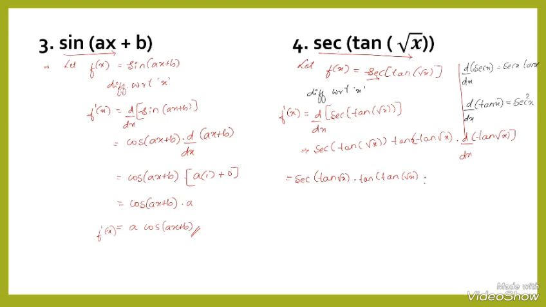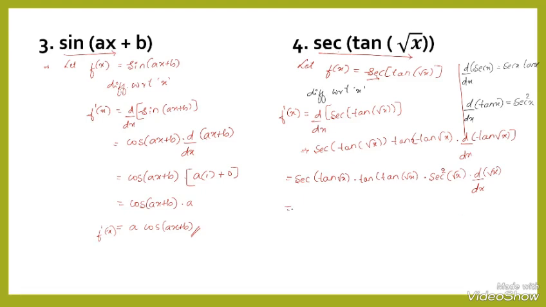Here differentiation of tan, what is that? Sec square x. Here in front of x we have root x. So that's why I am taking again differentiation. You have to differentiate until we have the x value. Okay.